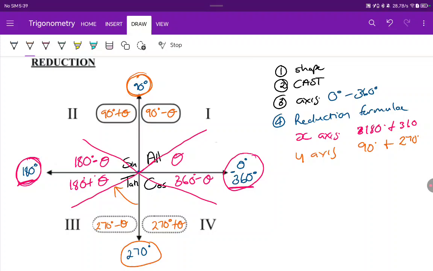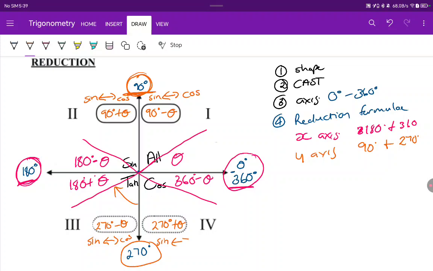But if you are going to use the orange ones, then you are going to swap. If you are using sine, it becomes cos, and if you're using cos, it becomes sine.